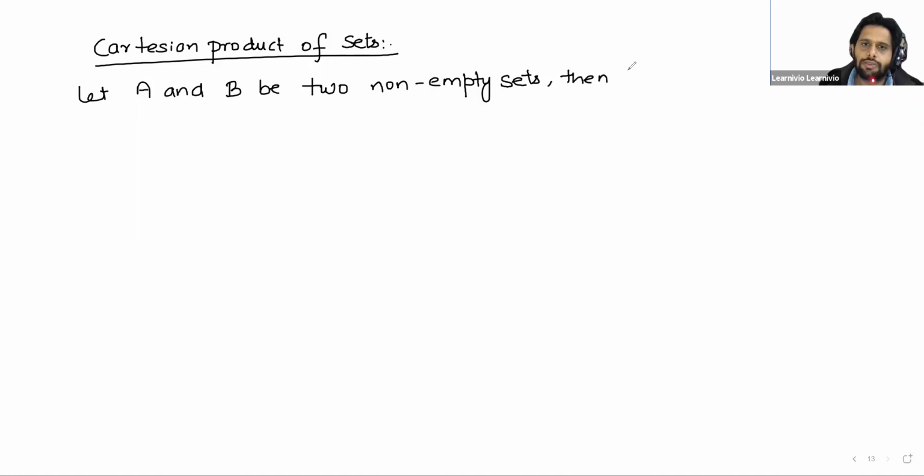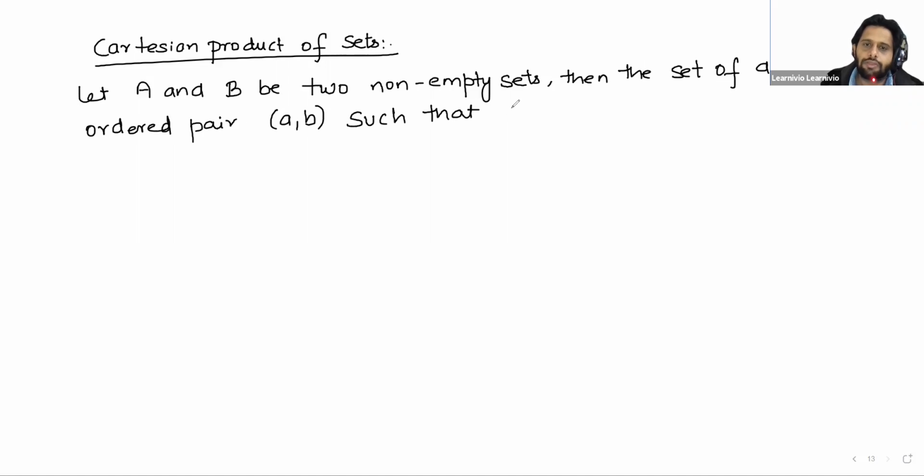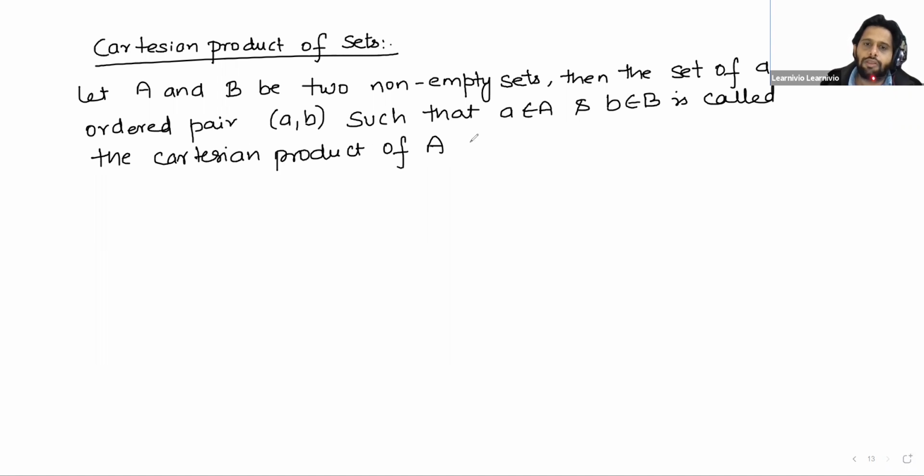Then the set of all ordered pairs a comma b such that a belongs to A and b belongs to B is called the Cartesian product of A and B, and it is denoted by A cross B.